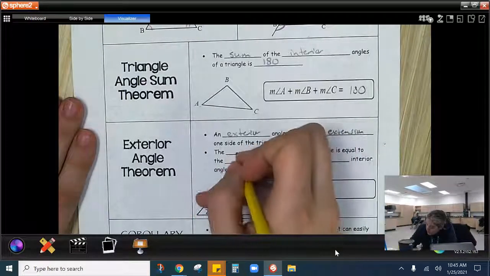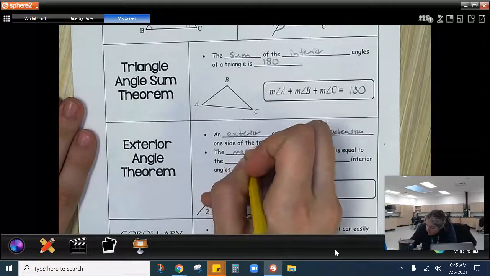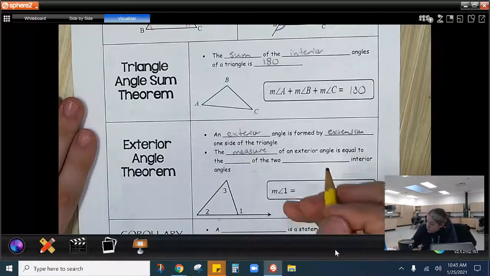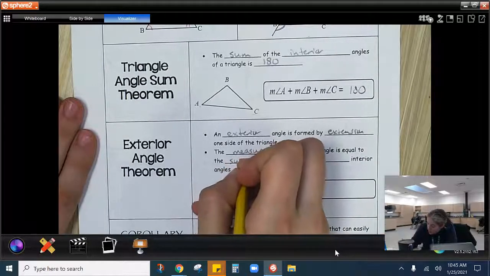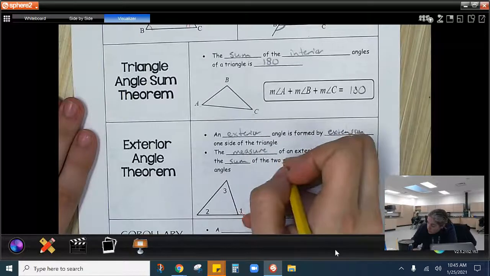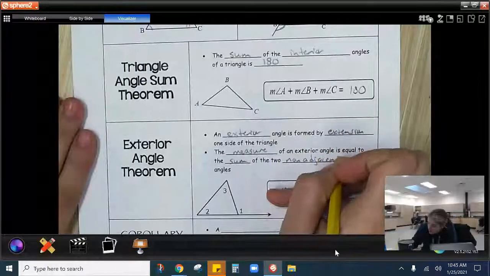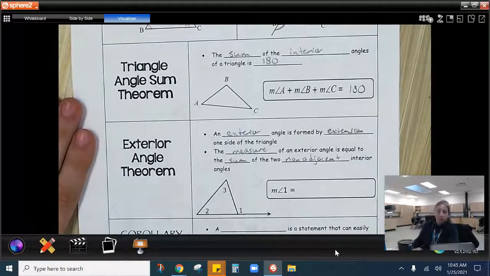The measure of an exterior angle is equal to the sum of the two non-adjacent interior angles. So here's what I mean by that.